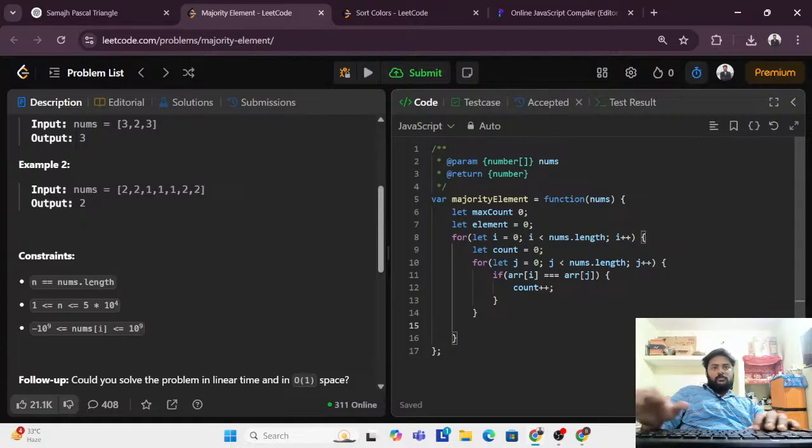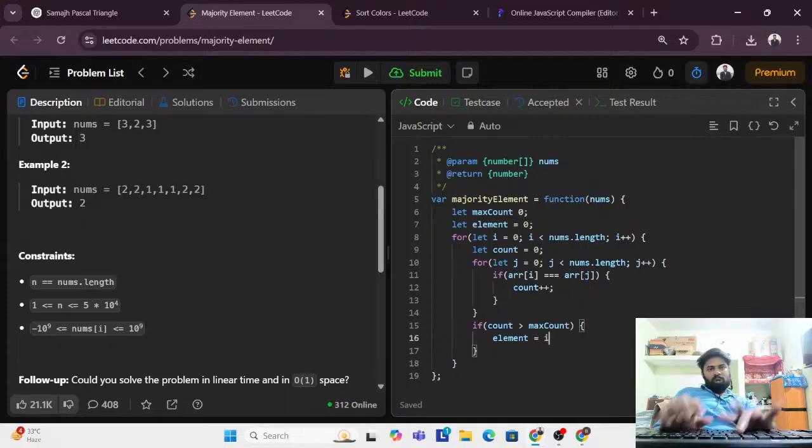Instead of this, what I can do is... no, it will not work.